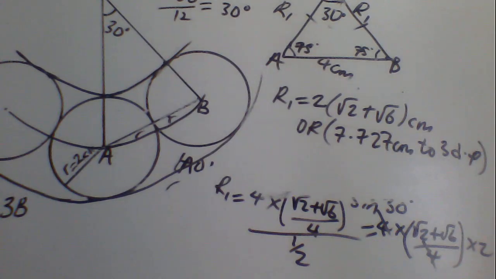So that is the value of the radius of the central circle formed by drawing a circle centrally. So we find that R1 is equal to 7.727 cm to 3 decimal places, or in surd form, 2 in bracket root 2 plus root 6 cm.